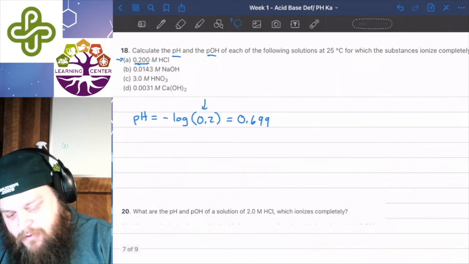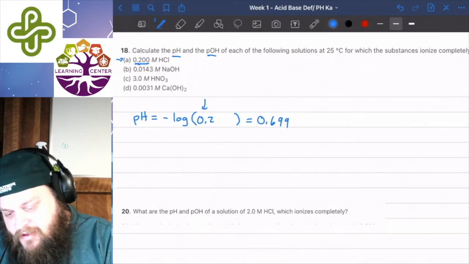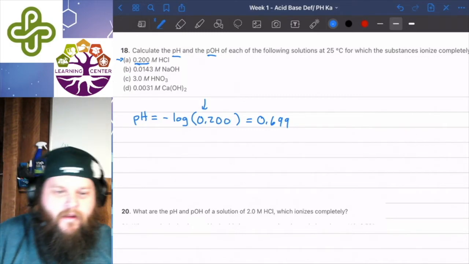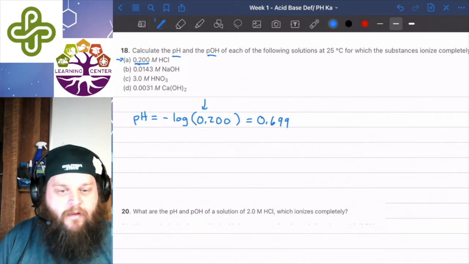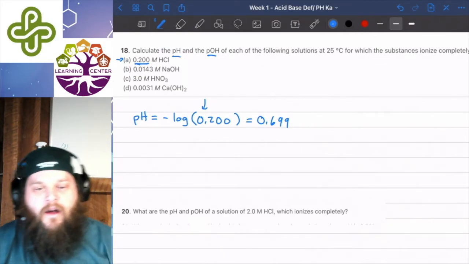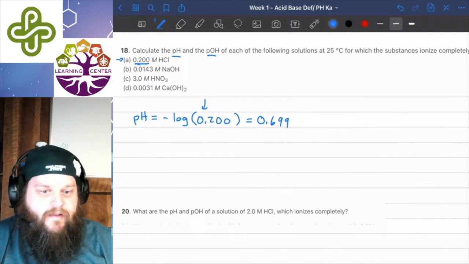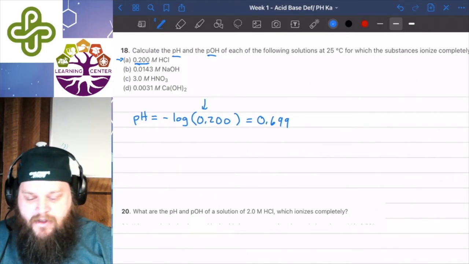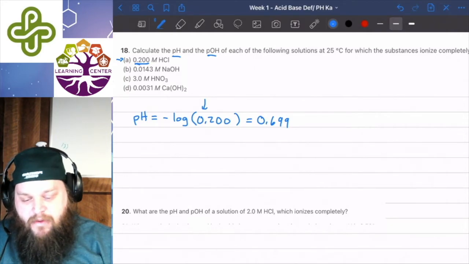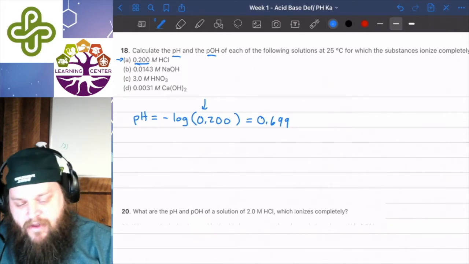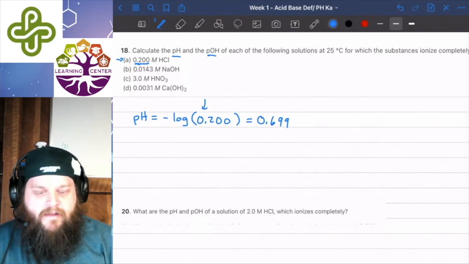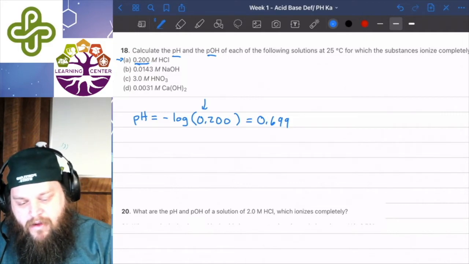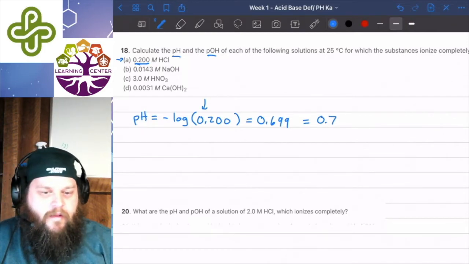I forget the exact rule for logarithms, to be honest, so I'm just going to keep it at 3. But usually if you're multiplying, you just use the smaller number of sig figs. If you're adding or subtracting, make sure you cut it off at the first uncertain digit. In this case, with logarithms, I'm just using that same number. I usually see pH at maybe 1 decimal place, give or take. Since we're so small here, you can go out to 2. It's a good question for your teacher, actually. Either one of those probably might work.